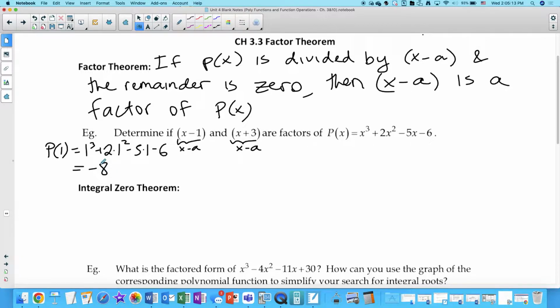Since we get a remainder that's not 0, we can conclude that x minus 1 is not a factor of the original polynomial. The remainder does not equal 0. Therefore, x minus 1 is not a factor.